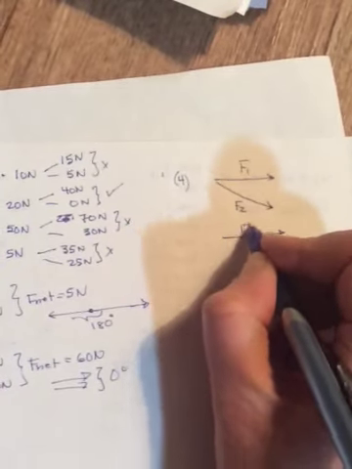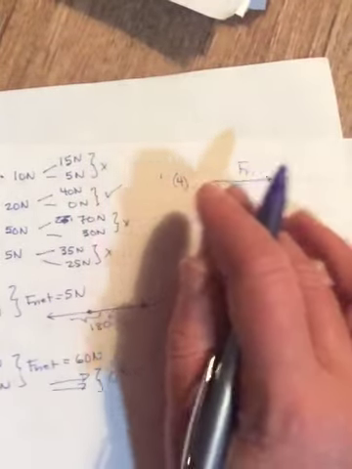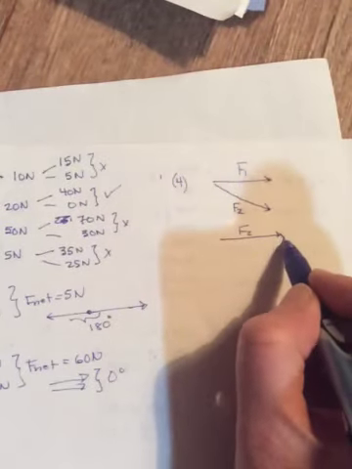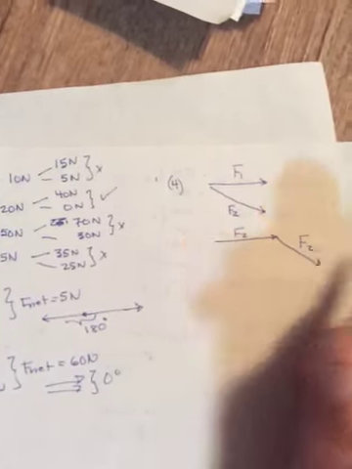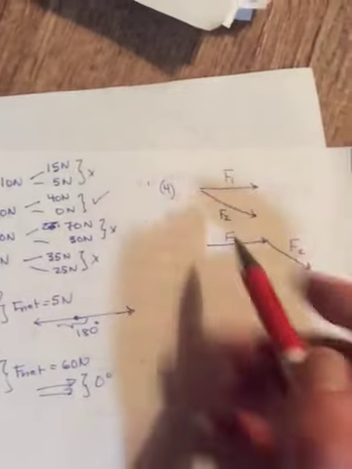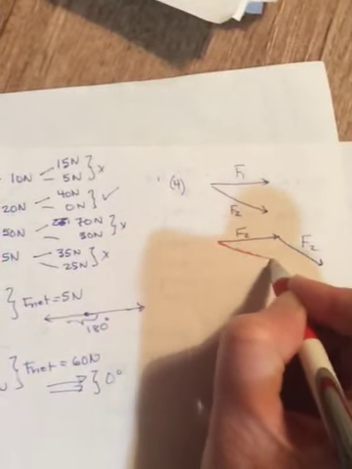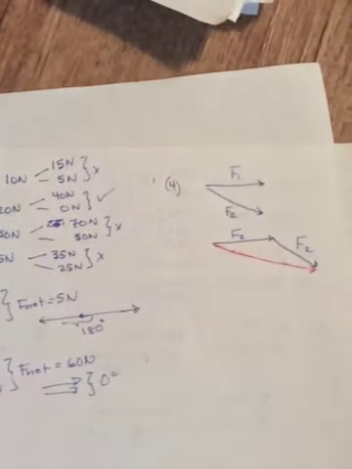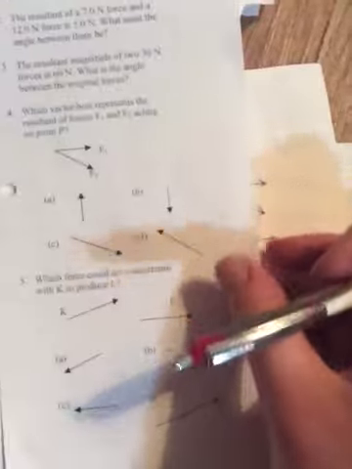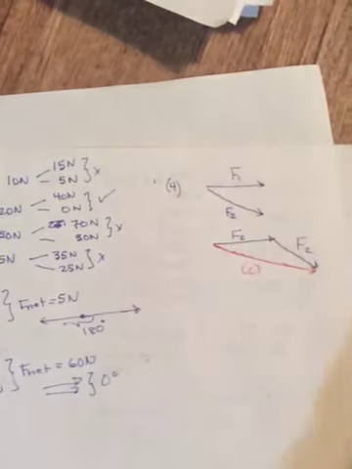So you have to move F2, so that you slide it so that its tail is on the head of F1. And then the resultant starts where the first one starts, ends where the last one ends. So its resultant is going to look like that, which in your choices has to be C. So the answer for 4 is C.